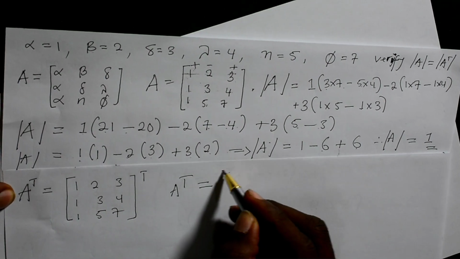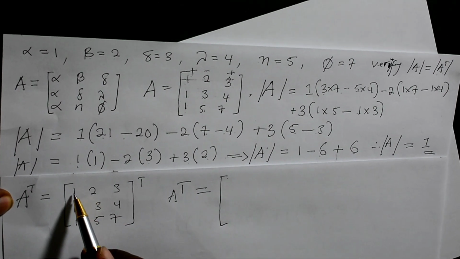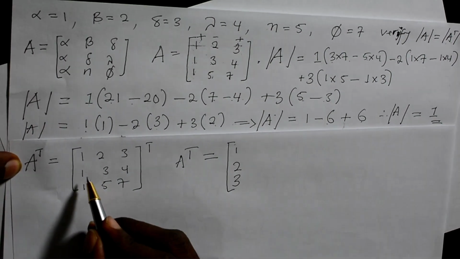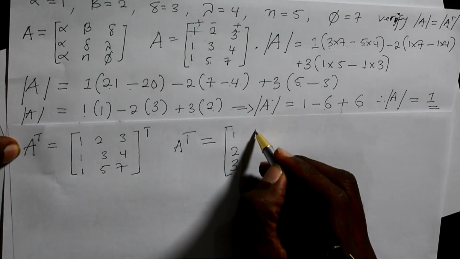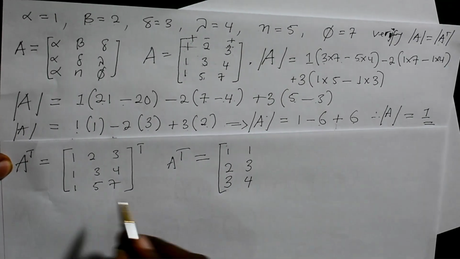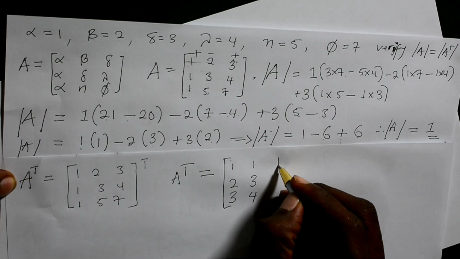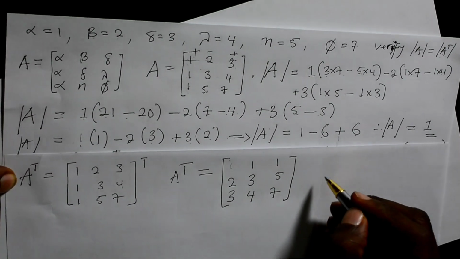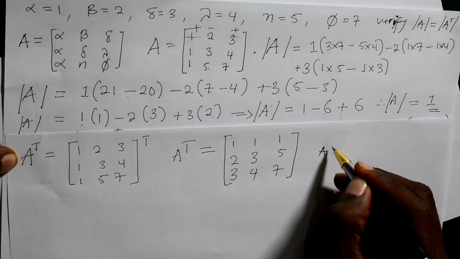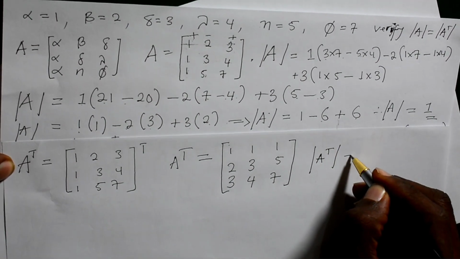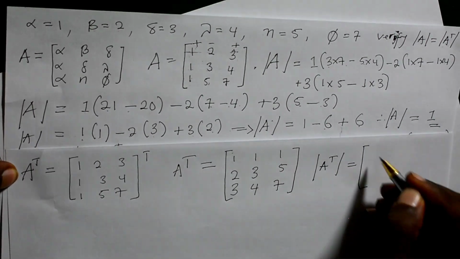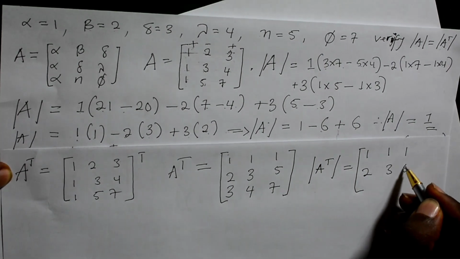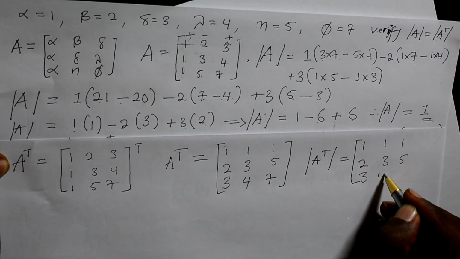A transpose will be equal to 1, that is row to column, 1, 2, and 3. This row to column, 1, 3, 4. And the last row to column, 1, 5, 7. This is A transpose. So we are looking for A transpose determinant. So this will be equal to a matrix of 1, 1, 1, 2, 3, 5, 3, 4, 7.